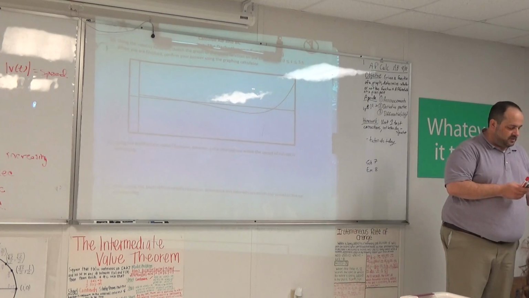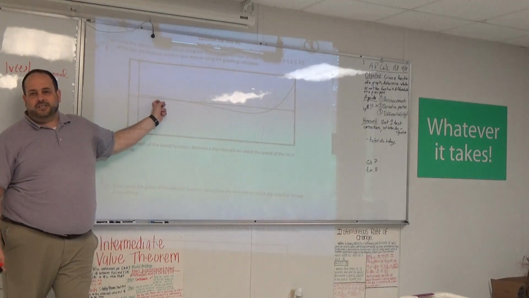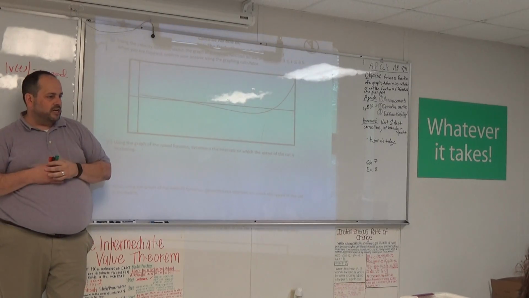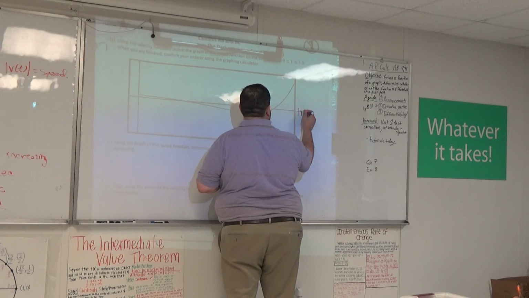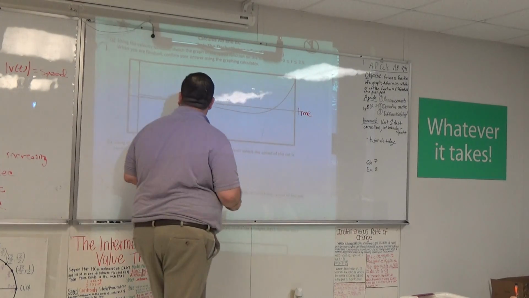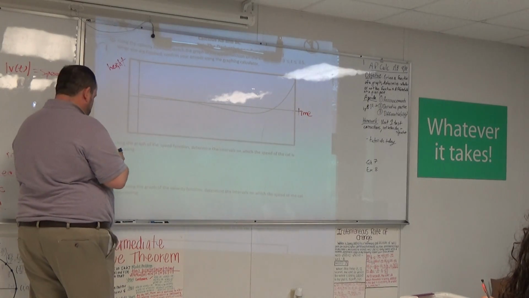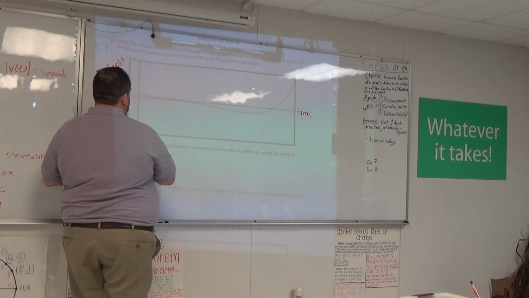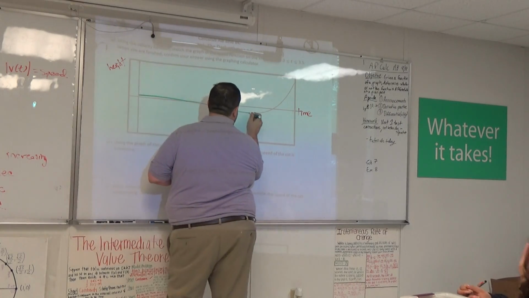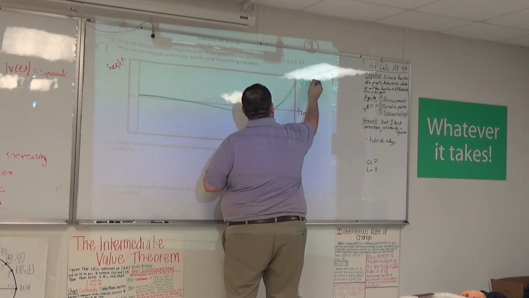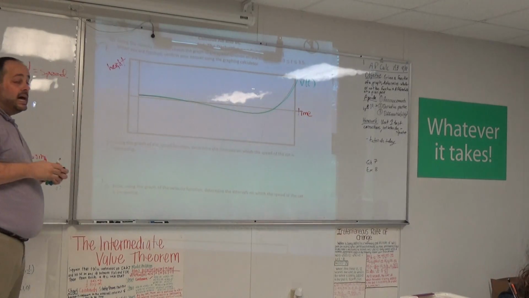I'm gonna use this as the graph for part J. On the x-axis, I'm gonna put time. On the y-axis, I've got height. This graph that currently exists here represents your velocity graph. I want to create a graph of the height.